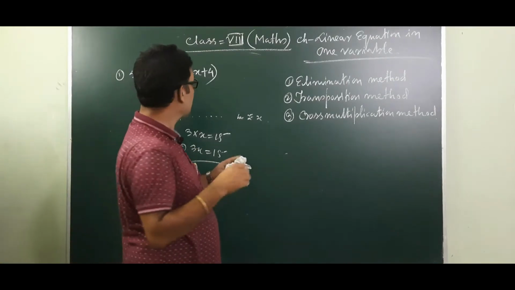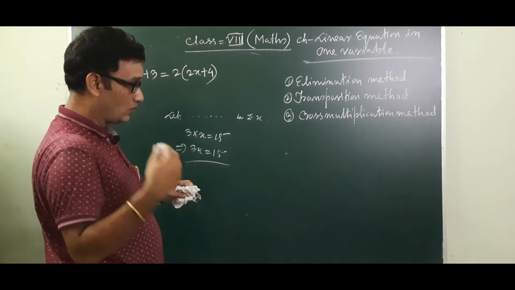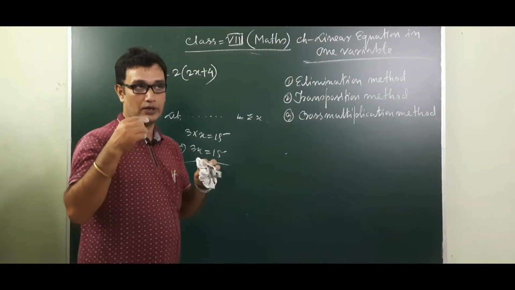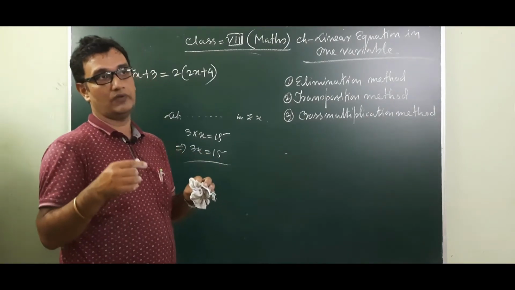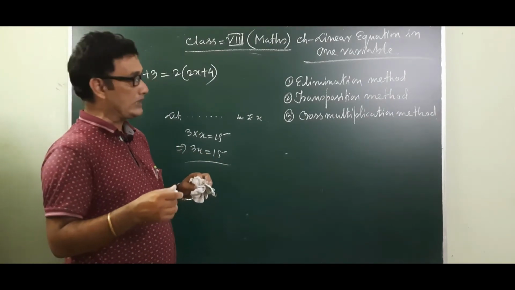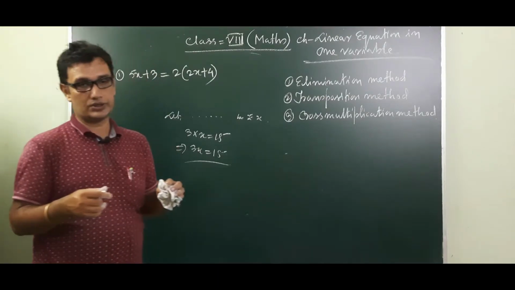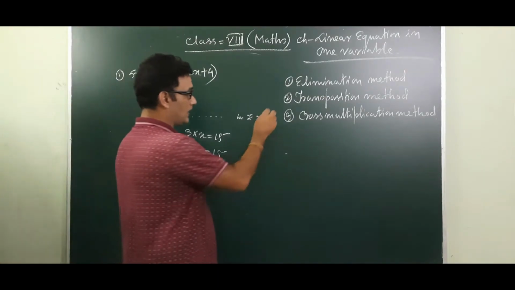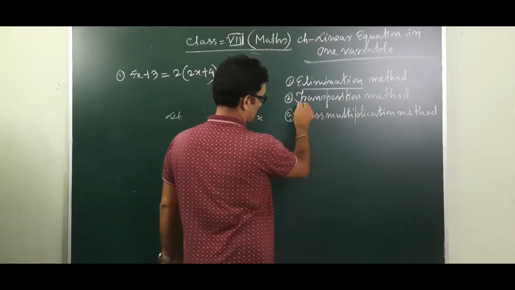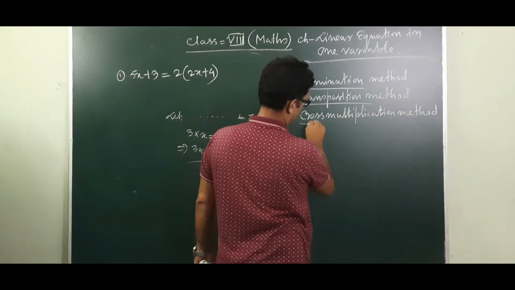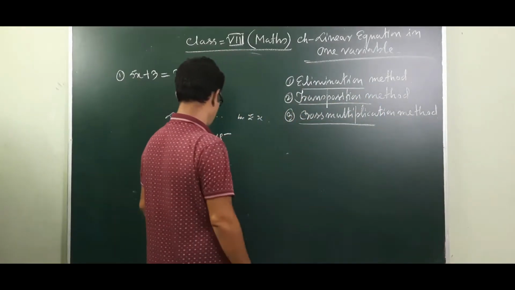Then you can solve the linear equation and find the value of the variable by using three methods. These three methods are the elimination method, transposition method, and cross multiplication method.